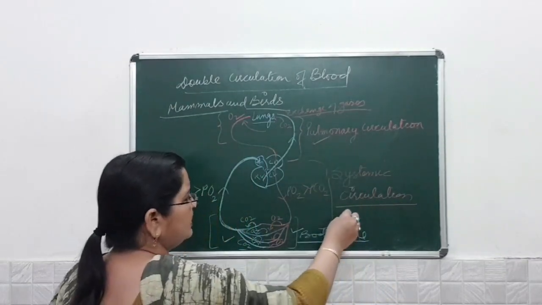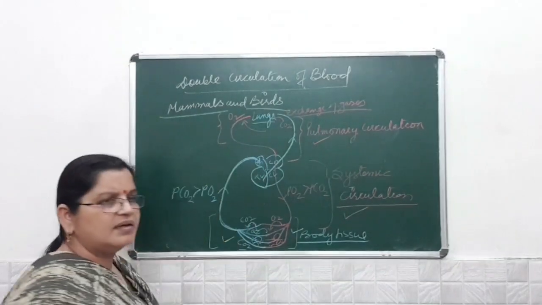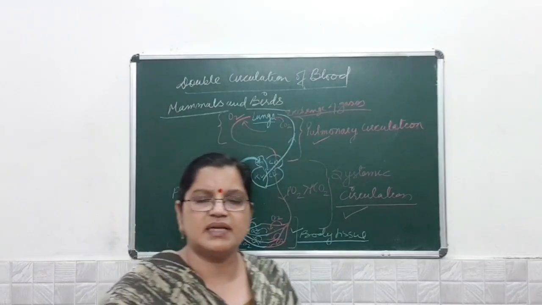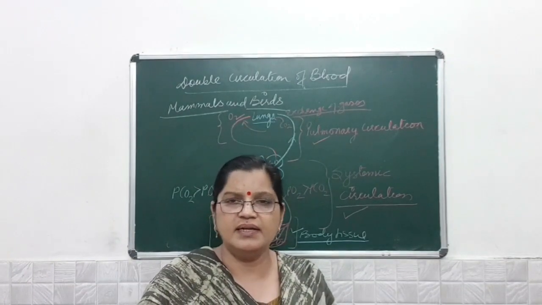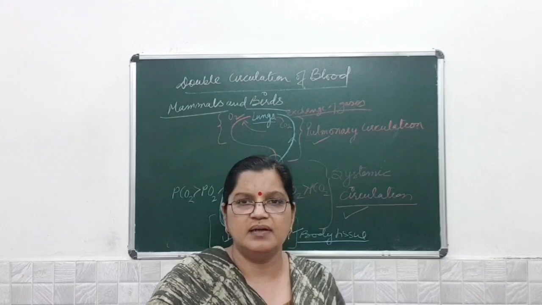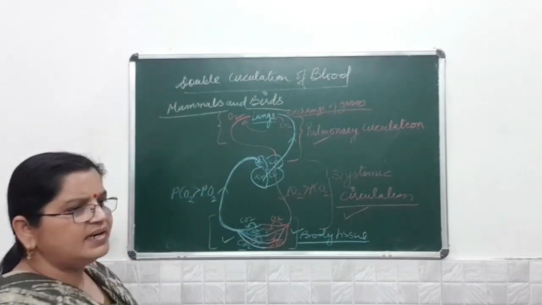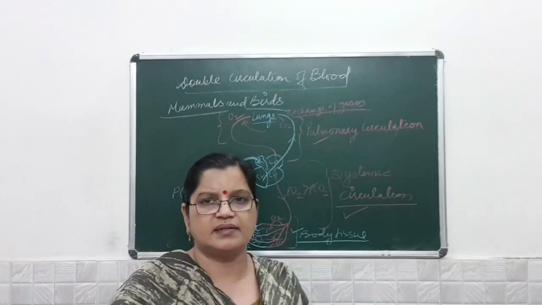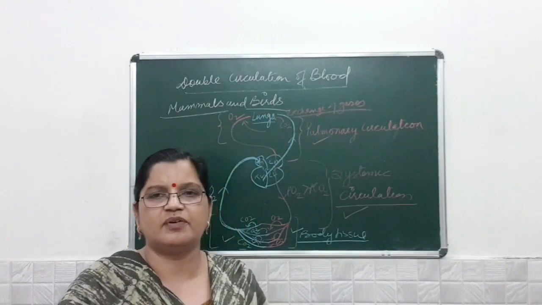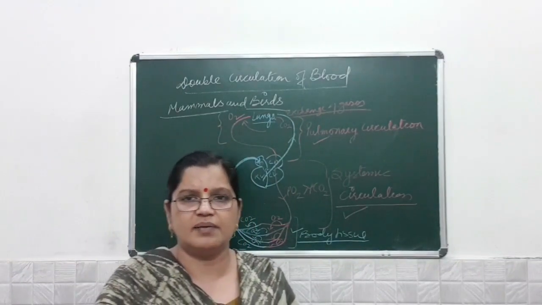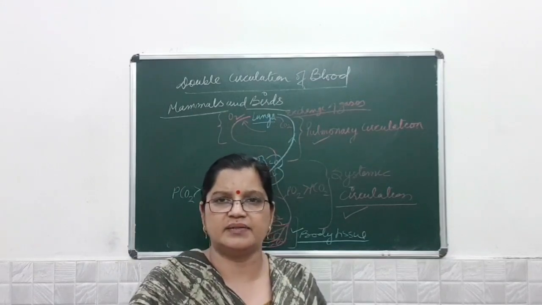Pulmonary circulation and systemic circulation combined are known as double circulation of blood. In double circulation of blood, in one circulation, blood comes twice in the heart. That's why this type of circulation is known as double circulation of blood.